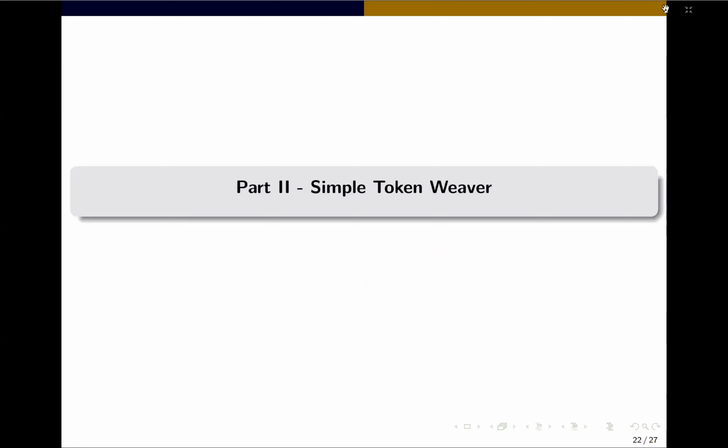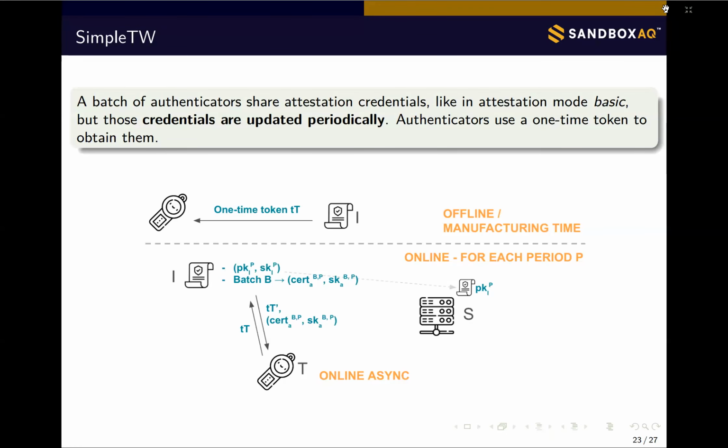And this is when we proposed this simple token waiver protocol. The idea in simple token waiver is that we have a batch of authenticators that share the attestation keys as in basic. But they are not created once at manufacturing time and then that's it. They are updated periodically.